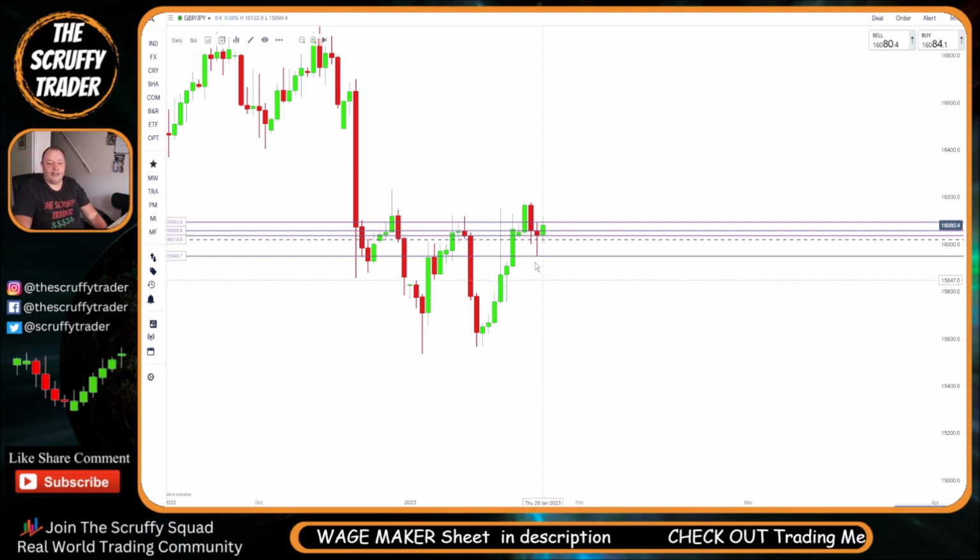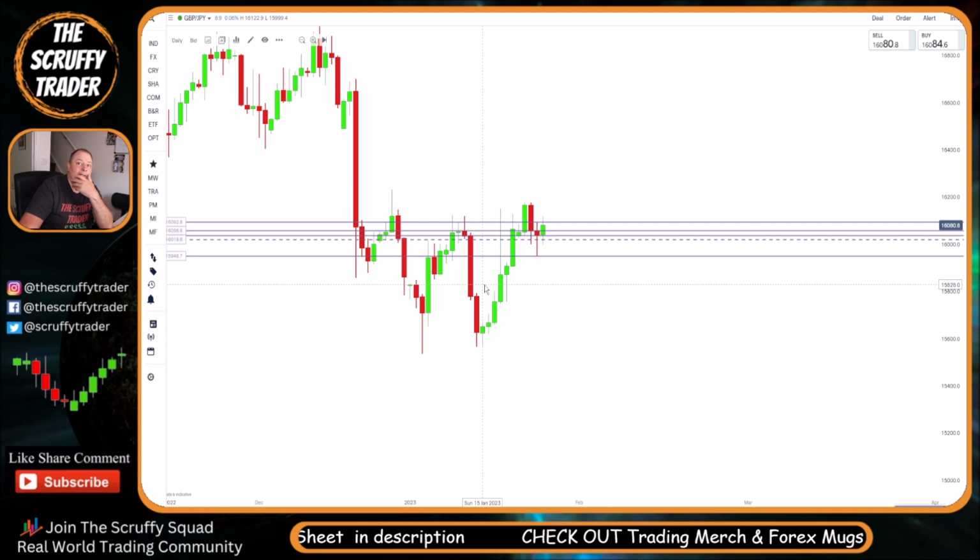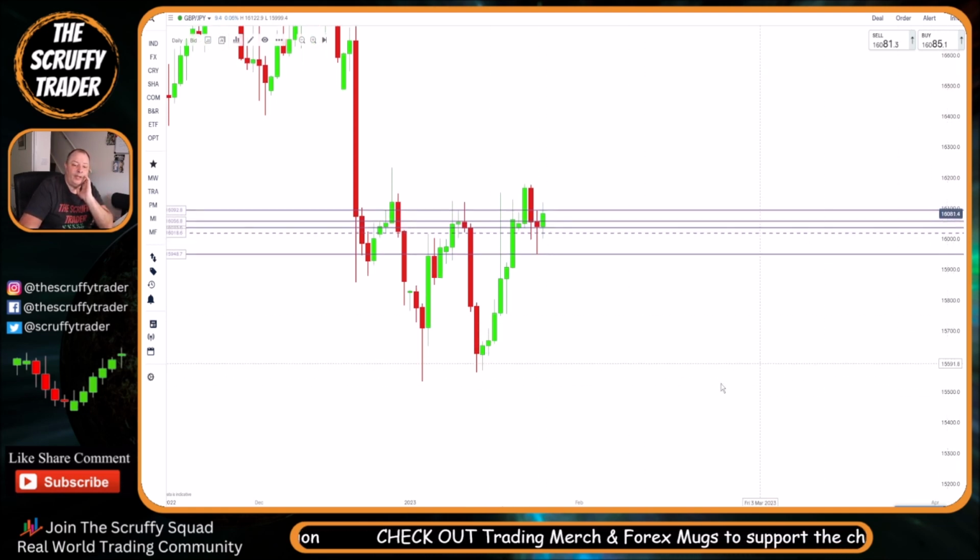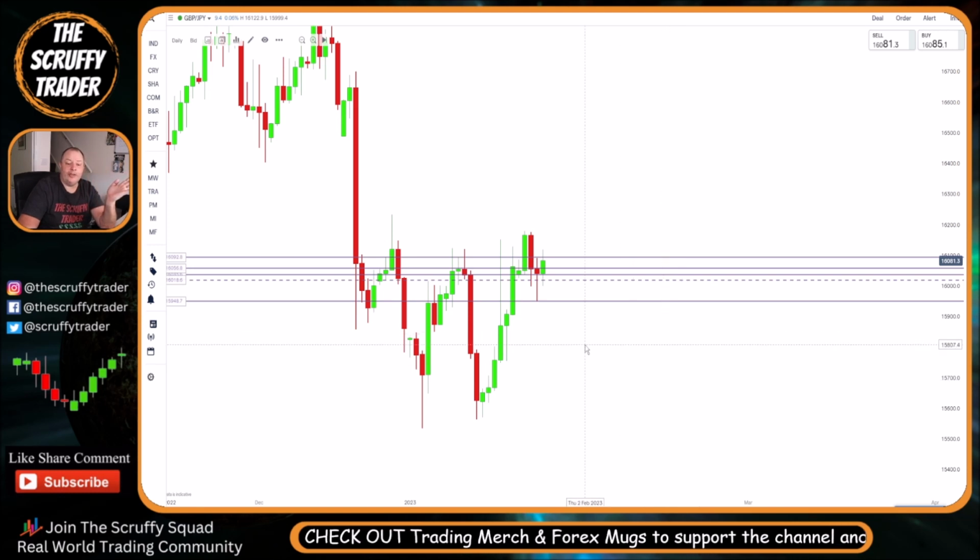So there are some levels in place. Straight away, what does this chart tell you? What can you actually see here? Not looking so much at direction or anything like that. All we're looking at is where the marketplace is trading. Well, it's trading above the 50%, which is here, and it's pushing to the high ground, and it's already breached it.